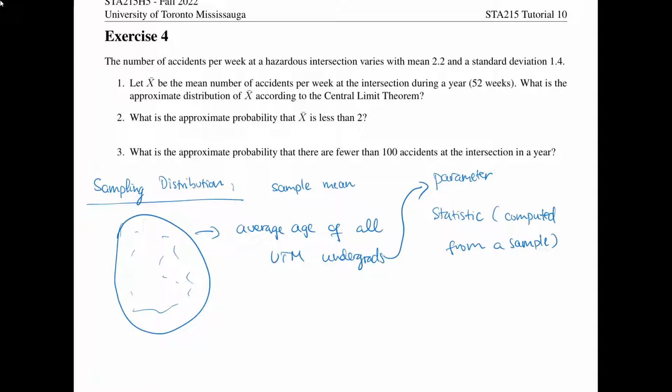However, if you only sample 30 students from UTM undergrads and you calculate their average age, then this average age is a statistic because it is computed from a sample.